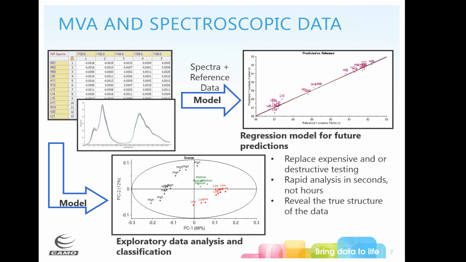You can get real-time analysis, or even if you're doing it offline, you can get your results back in an hour or two, including taking the data and bringing it back to the lab to analyze, rather than waiting days or weeks for, say, HPLC testing. And it allows you to see the true structure of the data during the process.